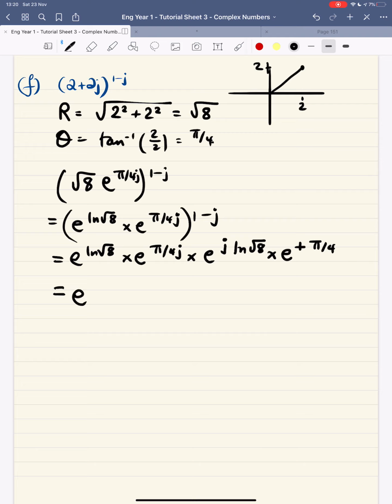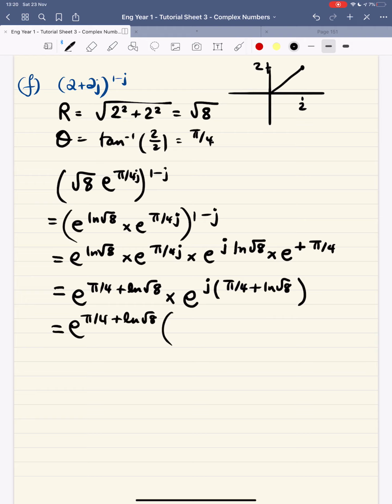So it equals e^(π/4 + ln √8), which is that one plus that one, times e^(j(π/4 + ln √8)). So it's e^(π/4 + ln √8) times cos(π/4 + ln √8) plus j sin(π/4 + ln √8). Double bracket there.